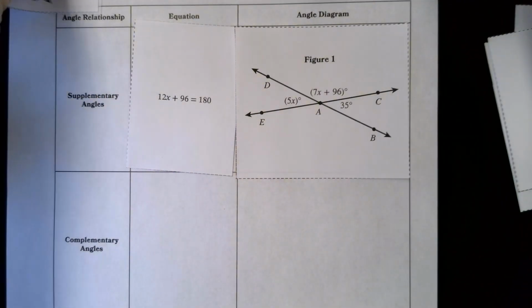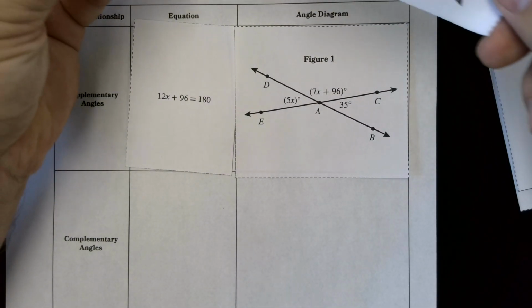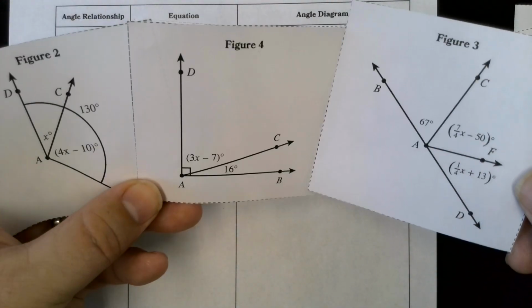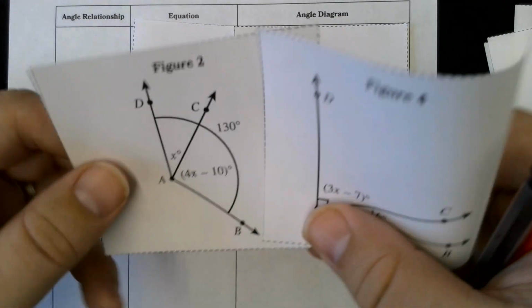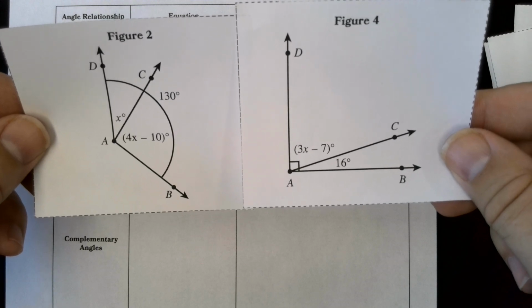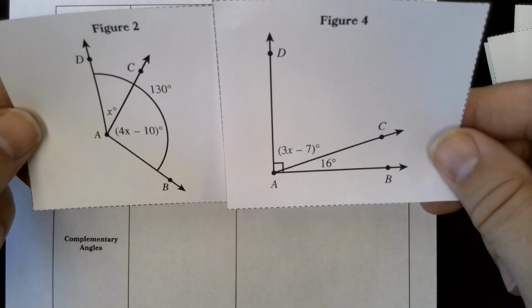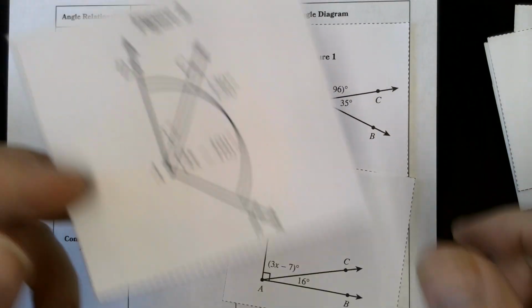Next, we're going to look at complementary angles, and complementary angles add up to 90 degrees. If I'm looking at these 3, again, we have a straight line here. That one's out. So it's down to these 2. If we remember, a right angle has that box that tells us it's a 90 degree angle, and figure 4 has that box.